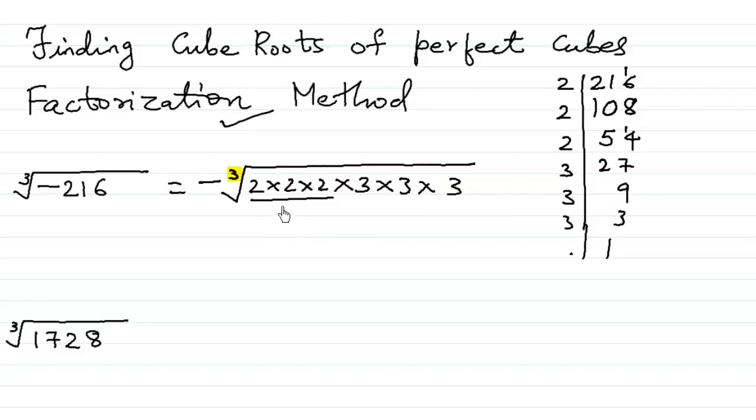Out of every 3 numbers, one number will come outside. So 2 comes outside, and out of every 3, 3 comes outside. And therefore we have 2 3s is 6, negative 6 is the answer. So we have used this factorization method in order to get this answer.